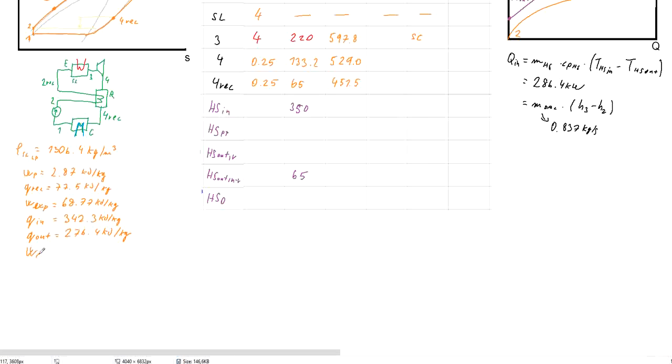Now we can have work of the cycle as 65.9 kilojoules per kilogram, and efficiency of the cycle would be 19.2%.